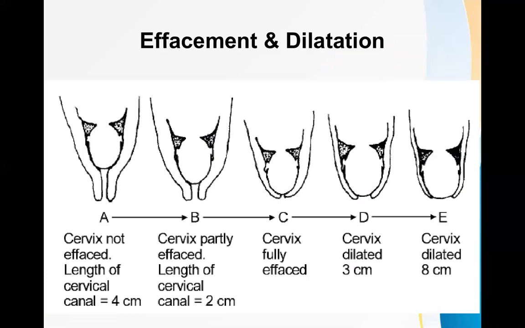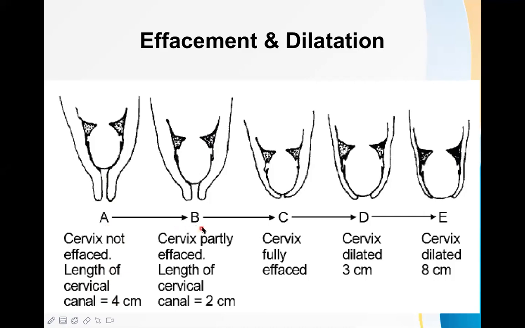Now all of you please pay attention to this slide, on your screen. It's very important knowledge here. So let me explain this. In this picture you can nicely see the cervical canal here. This is a cervical canal. So the cervix is not effaced at all here, and the length of the cervical canal is around 4 centimeter in this picture.